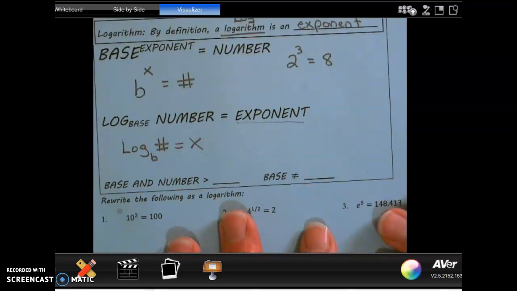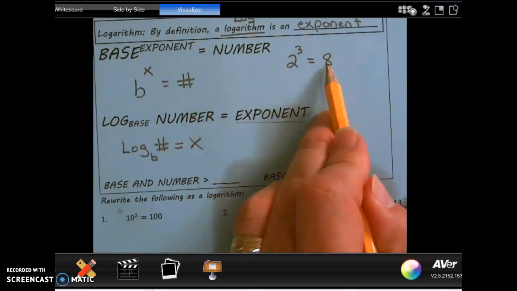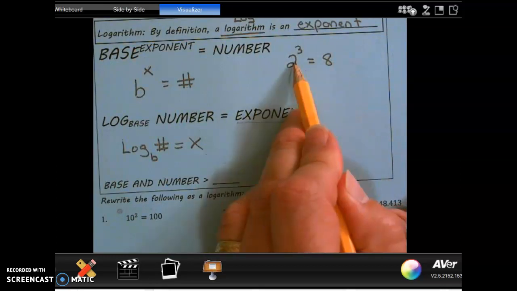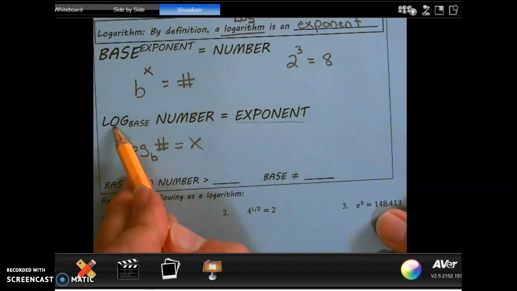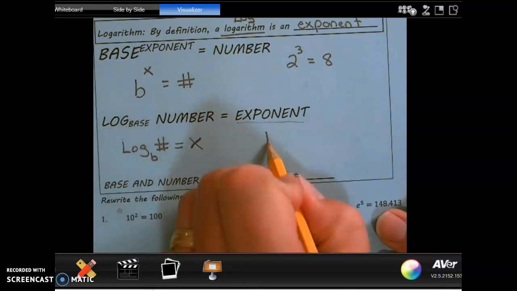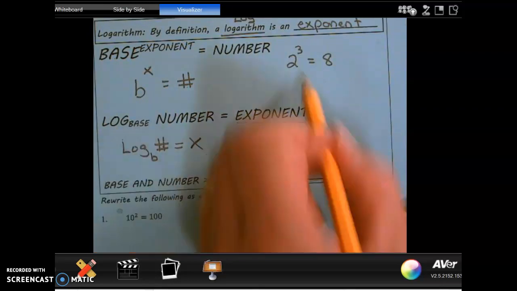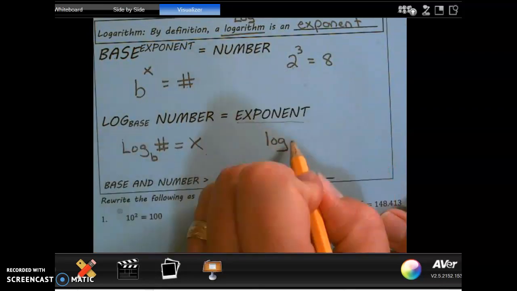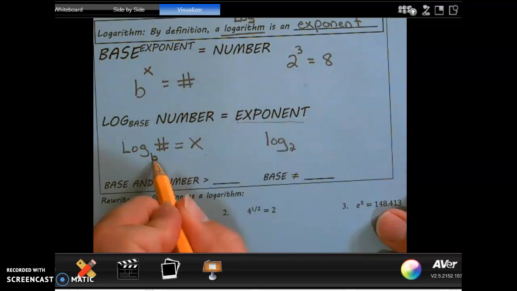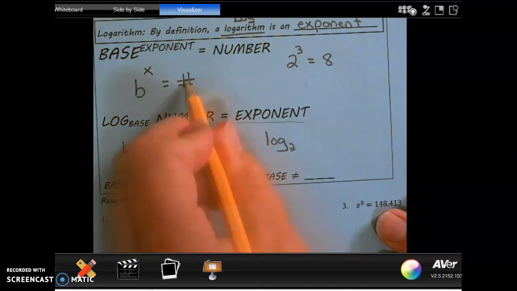So if I gave you this and I said rewrite this in logarithmic form, we would start by writing log. Then the base, that's the 2, goes down here. Then the number, that's this number here.